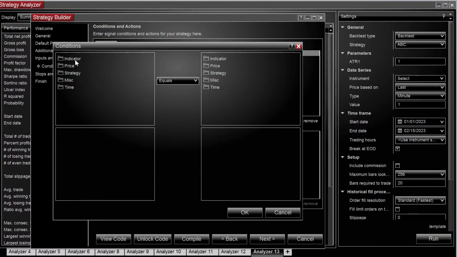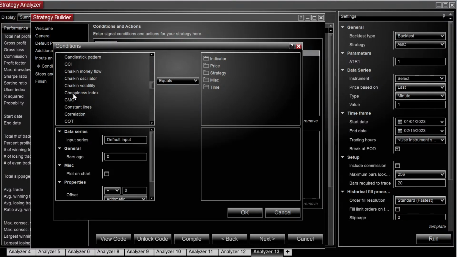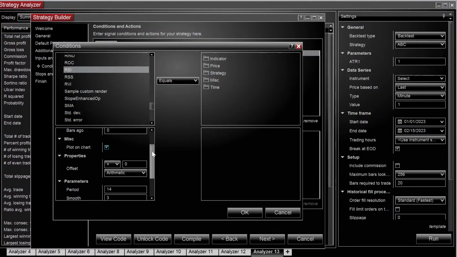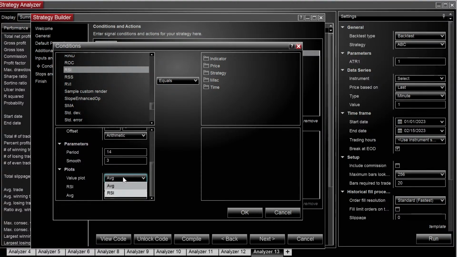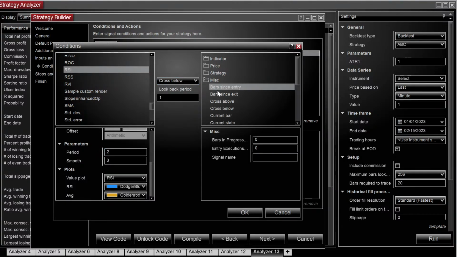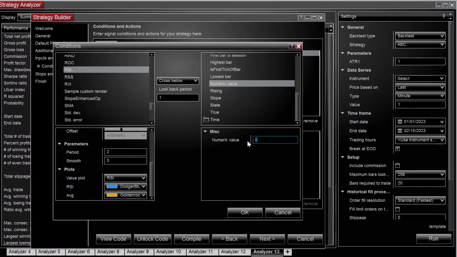And then we have the 2-period RSI. Let's plot it on the chart. We're not going to use the average, we're using the actual RSI. So the 2-period RSI crosses below the 10 level. RSI 2 crosses below 10 level.